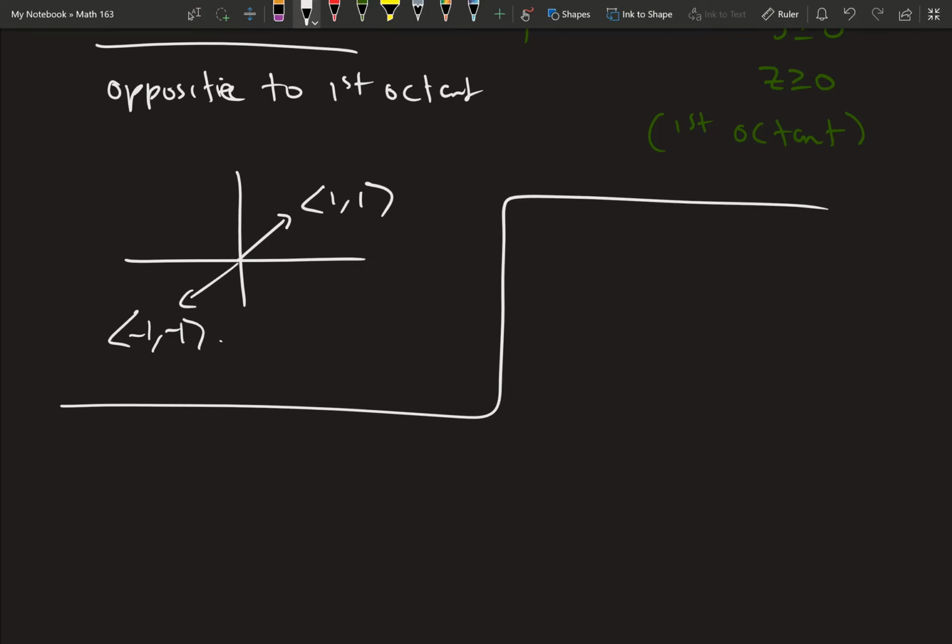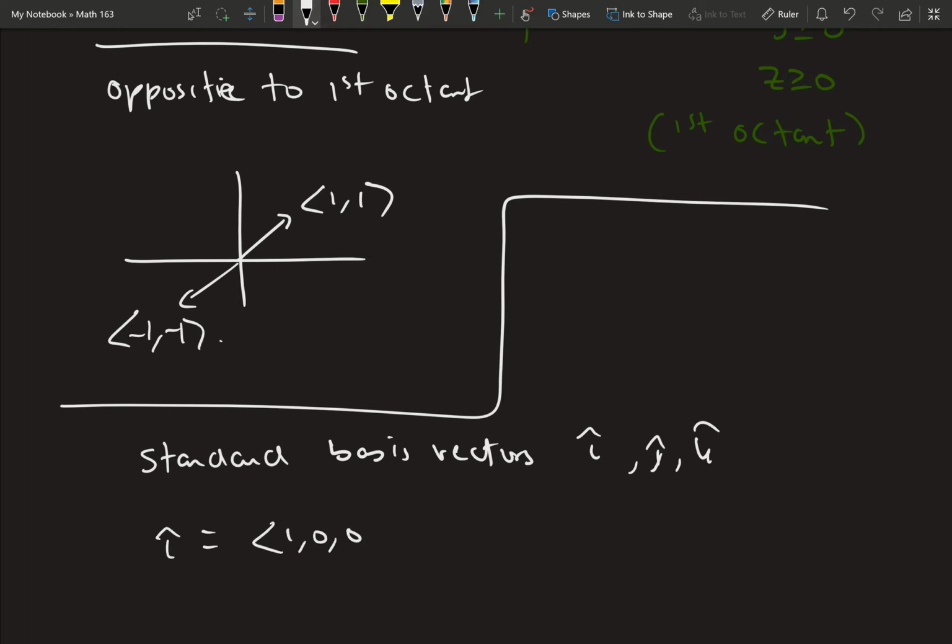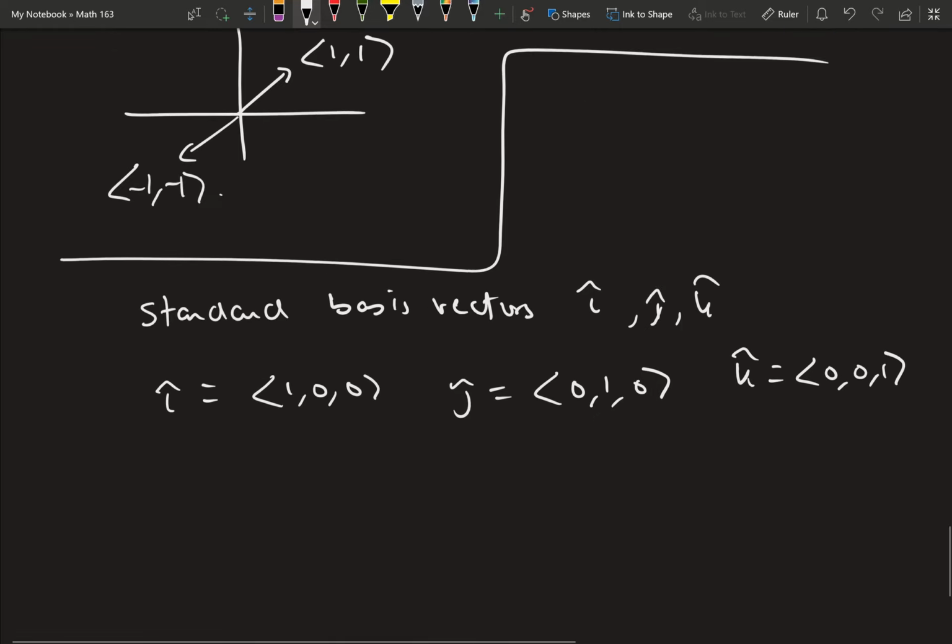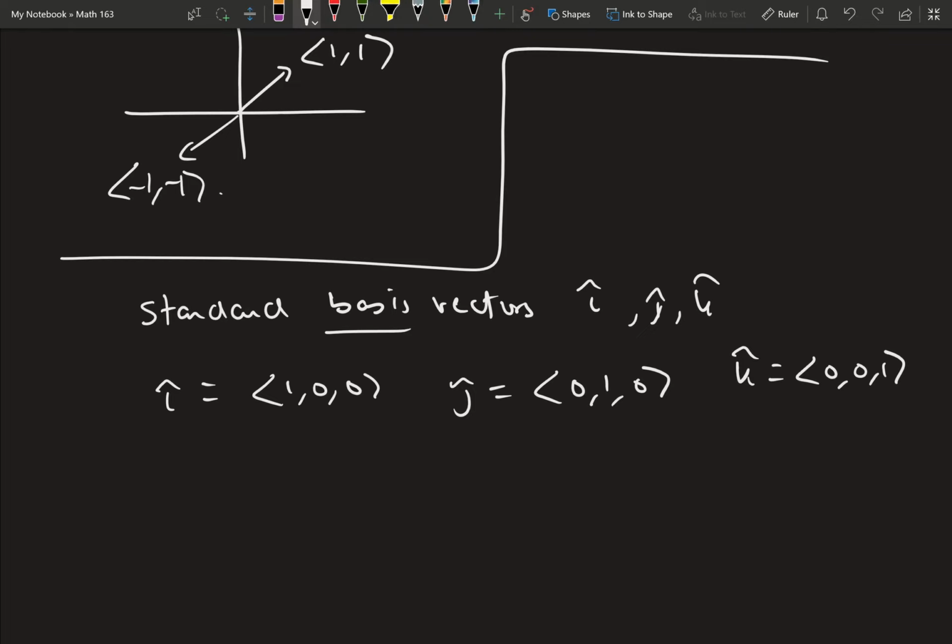There are what are called the standard basis vectors i, j, and k, where i is the vector ⟨1, 0, 0⟩, j is the vector ⟨0, 1, 0⟩, and k is the vector ⟨0, 0, 1⟩. Why do they use this term basis?